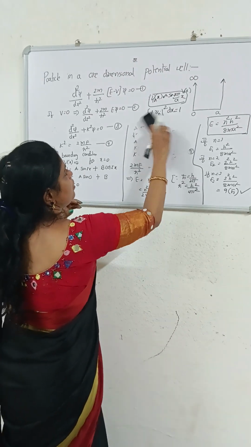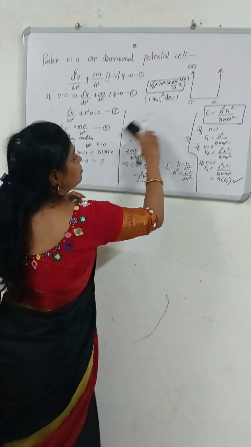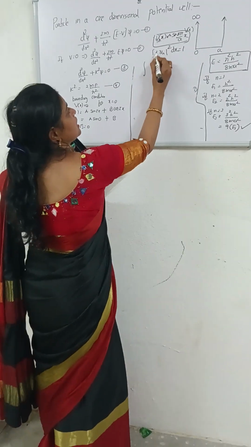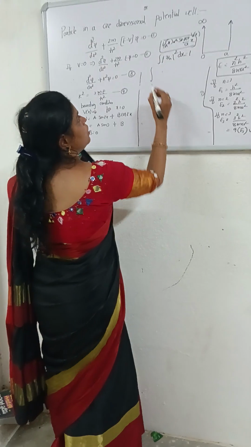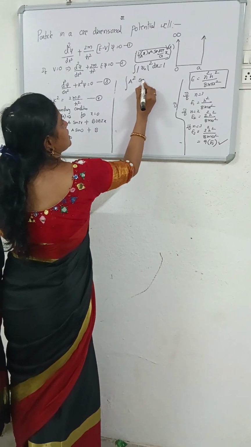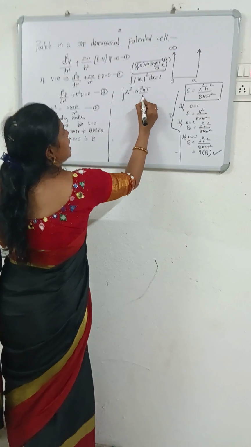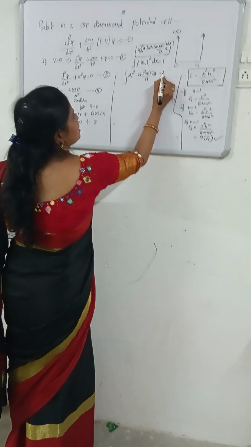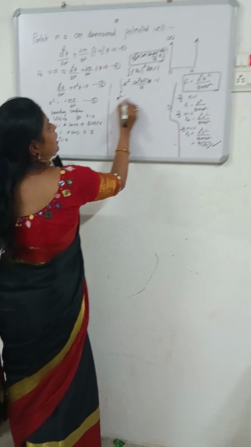How can you calculate the probability density? Integral of modulus psi square dx equals 1. So A square sin square (n pi by a x) dx equals 1.